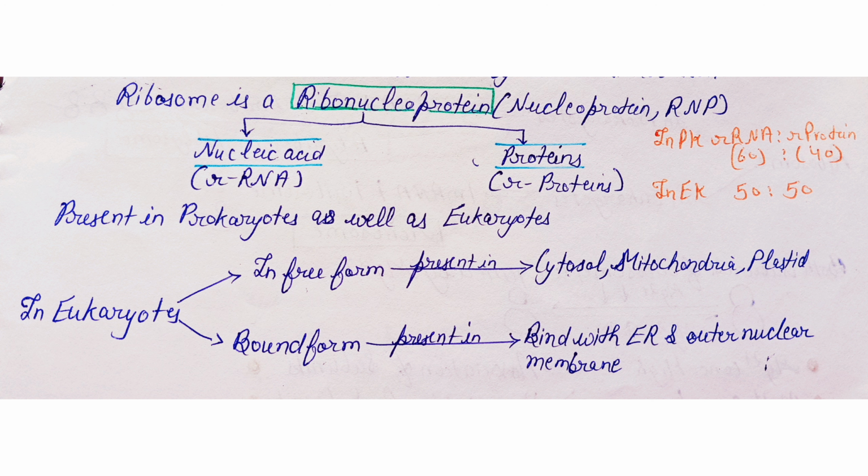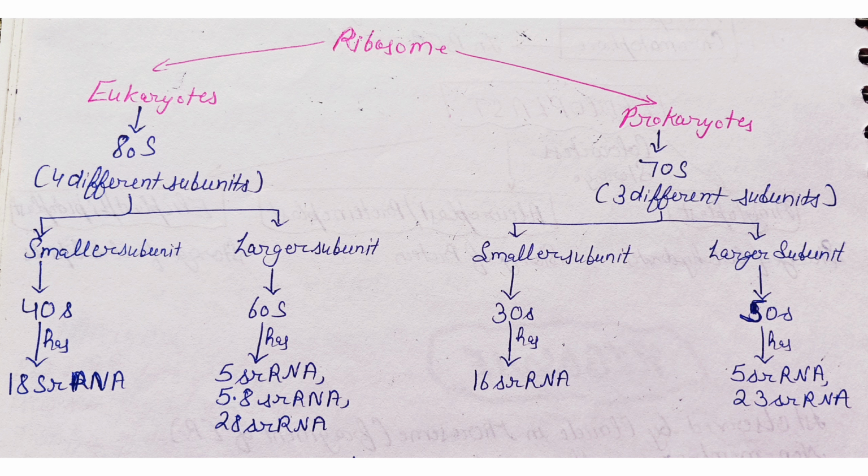Ribosome is present in both prokaryotes as well as eukaryotes. In eukaryotes, it occurs in the free form in cytosol, mitochondria, and plastid, and also occurs in the bound form, attached with the ER or the outer nuclear membrane. Ribosomes in eukaryotes and prokaryotes are made up of different subunits. In eukaryotes, the ribosome is 80S type and in prokaryotes it is 70S type.